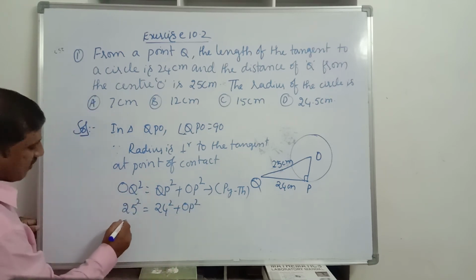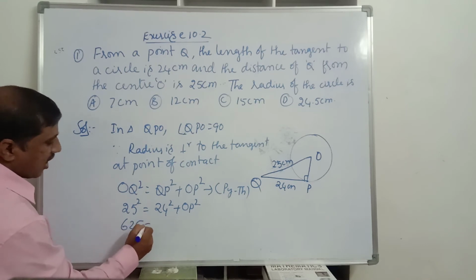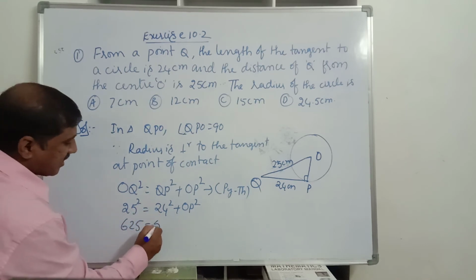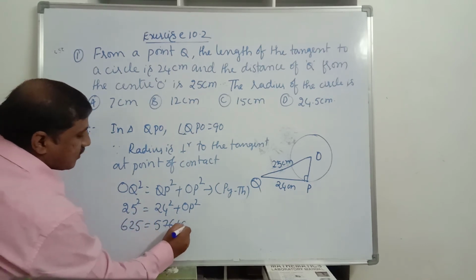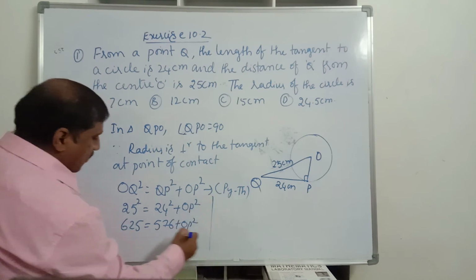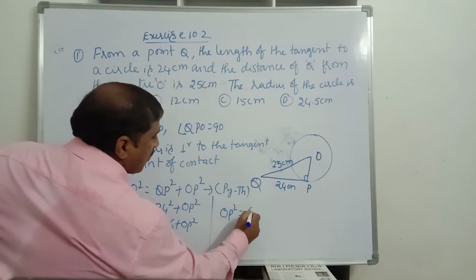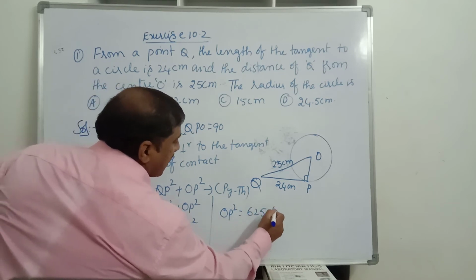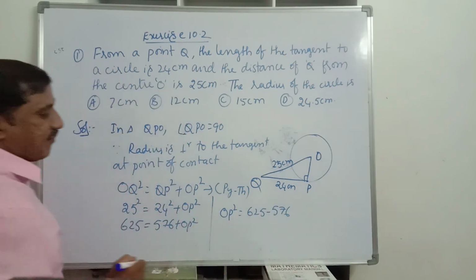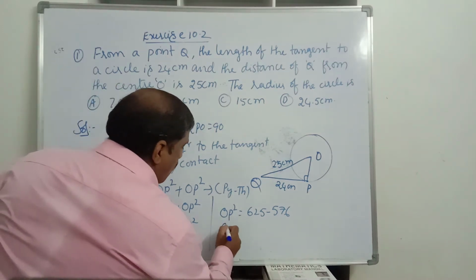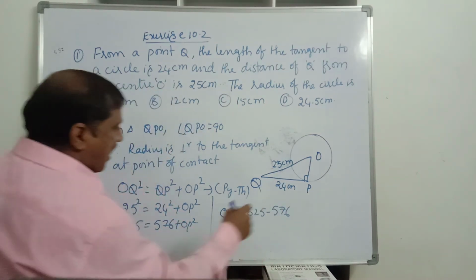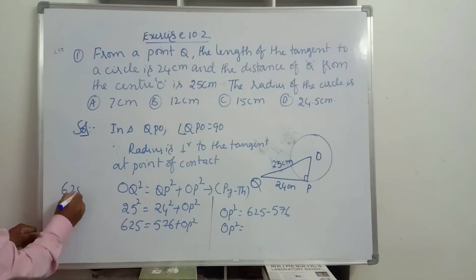That is 25 square is 625, which is equal to 24 square, 576, plus OP square. Now transpose 576 to the other side and we get OP square is equal to 625 minus 576.